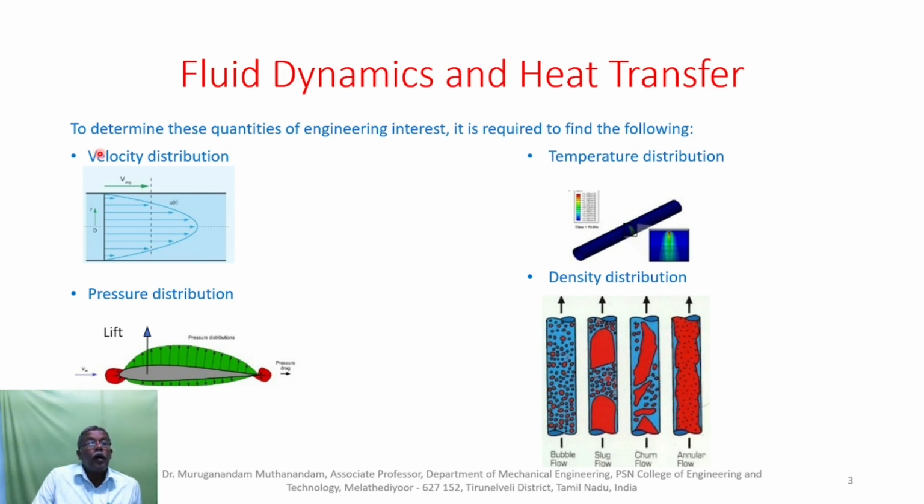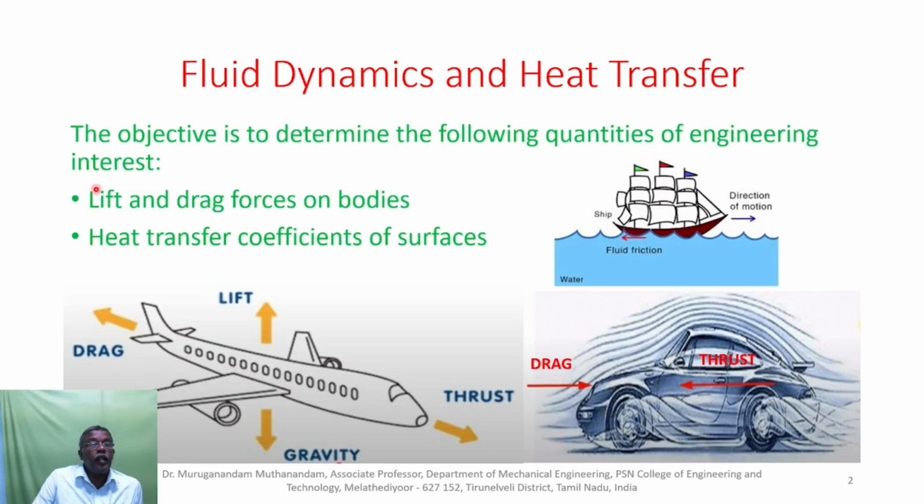So to find quantities such as lift force, drag force on the bodies, and heat transfer coefficients of surfaces, which all indicate the performance of the bodies and engineering devices, these are the performance parameters.